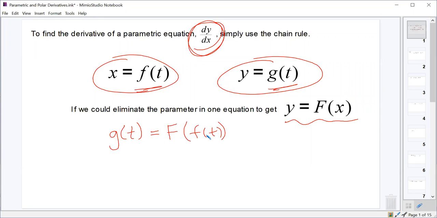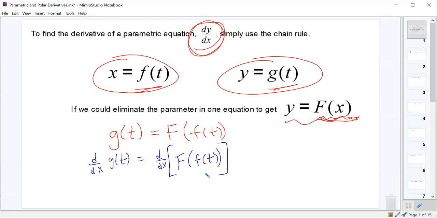We're trying to take the derivative of capital F of x with respect to x. So if I were to take the derivative with respect to x of each of these sides, I should be able to do that, right?